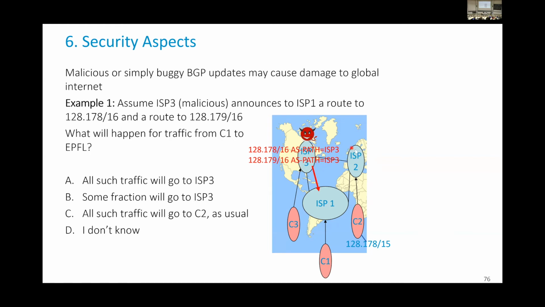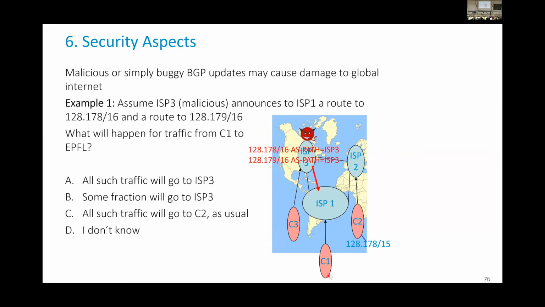And since they are not competing with the EPFL ones, because Switch for EPFL has advertised another one, we've seen that a sub-prefix of a prefix is considered as a different prefix. So they're probably accepted, except if there are security mechanisms that we will discuss. If we don't have this security mechanism, and in the historical example that I alluded to, they were accepted, so ISP1 will accept both.